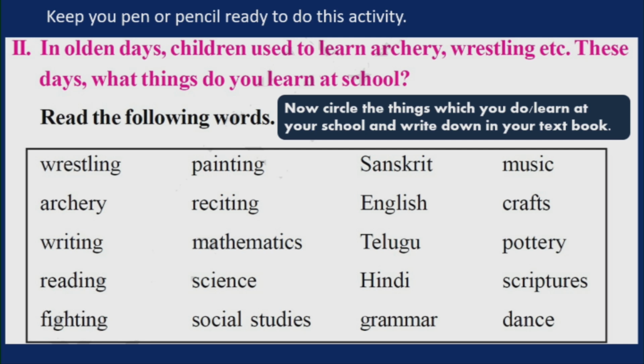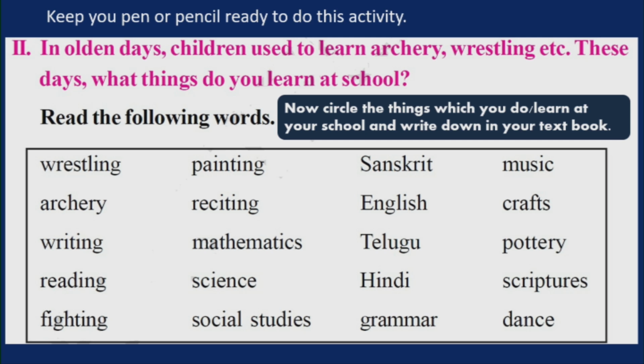Yes. Now I am going to read the instructions here. In olden days, children used to learn archery, wrestling, etc. These days, what things do you learn at school? Very simple question, right? For that he has given even the options. Read the following words.